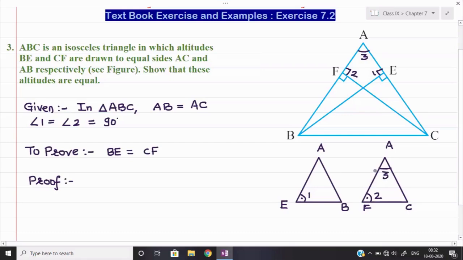And angle 3 I can say angle BAE. Observe, if I go from B to A and then come back to E, so angle BAE is also angle number 3 only. So here only the name of the arms I am changing. Actually arms I am not changing.